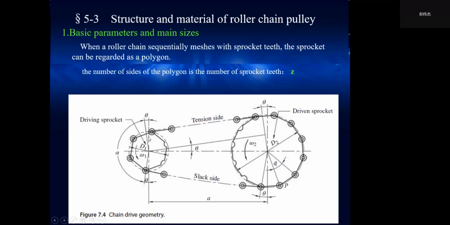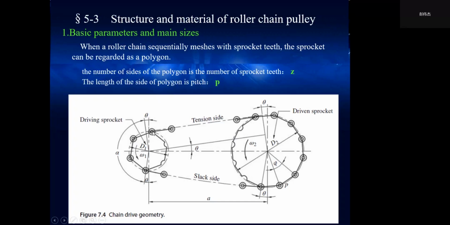The number of sides of the polygon is the number of sprocket teeth. This is z1, the number of sprocket teeth of the driving sprocket, and z2 is the number of sprocket teeth of the driven sprocket.